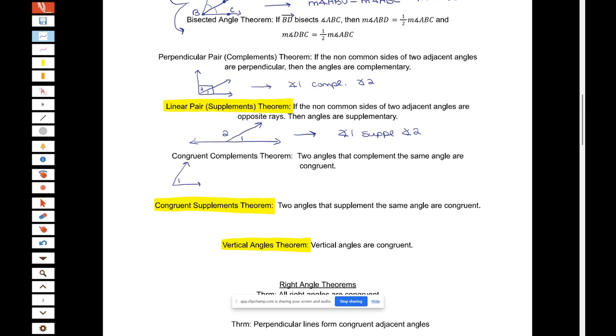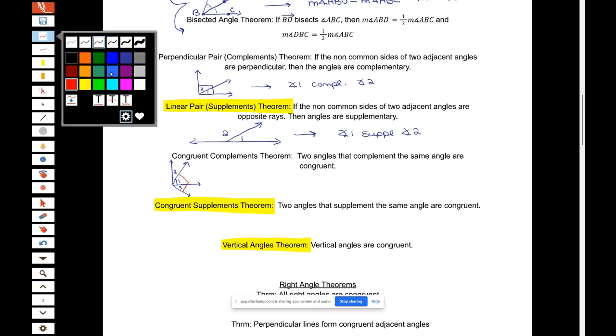So let's say I have a picture like here, angle 1, and it is complemented by angle 2, and they make a right angle. But then I also say angle 1 is complemented by angle 3, so we have another right angle here.